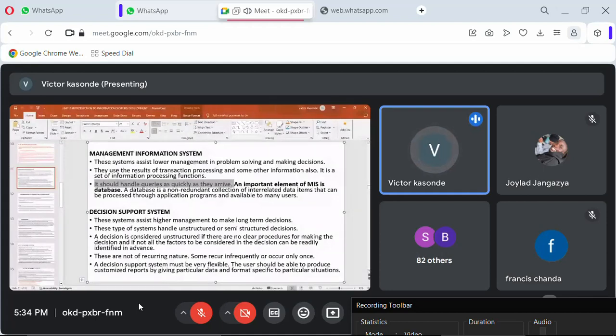That's why they can query and ask the system to provide that information. So an important element of the management information system is the database, meaning a database should be kept. A database is where all the information is kept. A database is a non-redundant collection of related data items that can be processed through application programs and is available to many users.